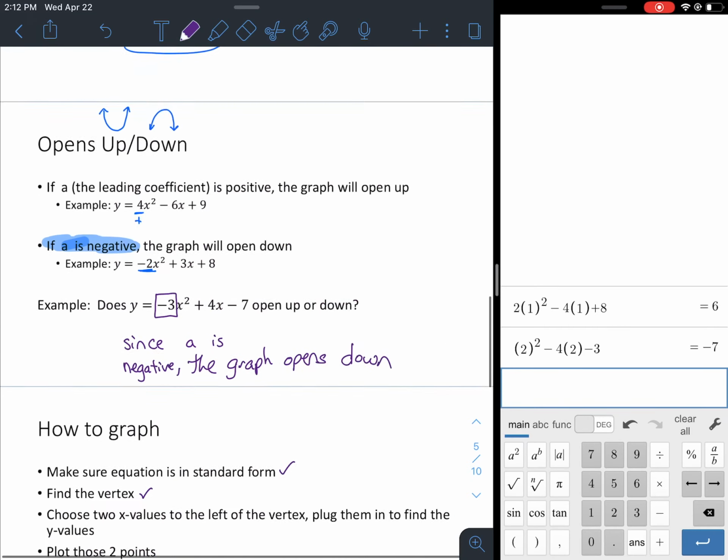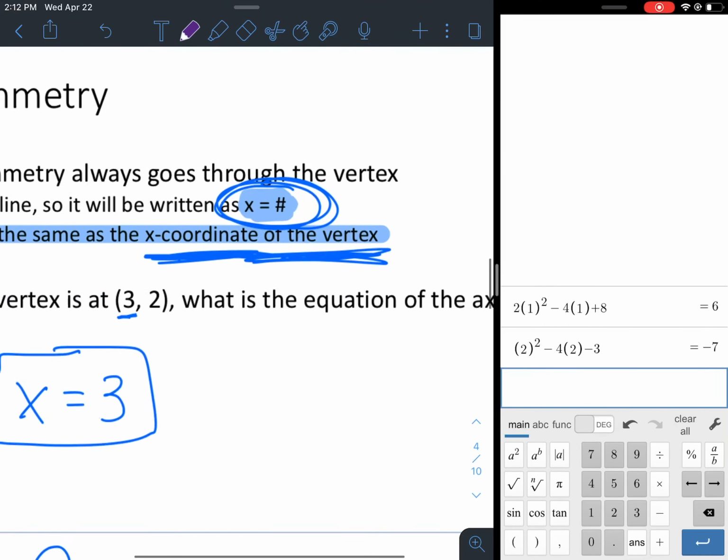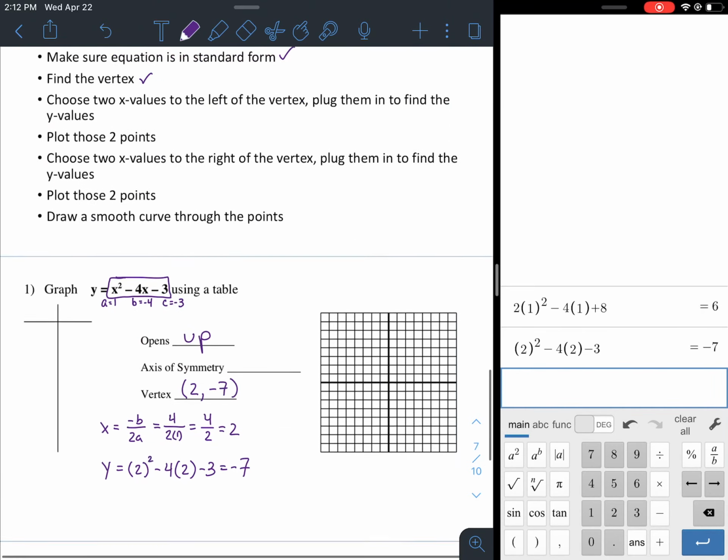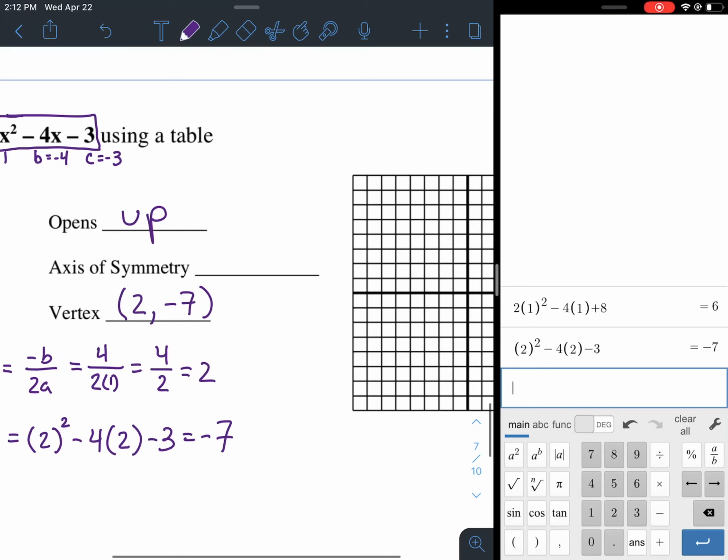As far as the axis of symmetry goes, remember we talked about that earlier. The axis of symmetry is x equals a number. That number is whatever the x-coordinate of the vertex was. So x equals, and my x-coordinate is this 2 right here. So x equals 2 is the axis of symmetry.